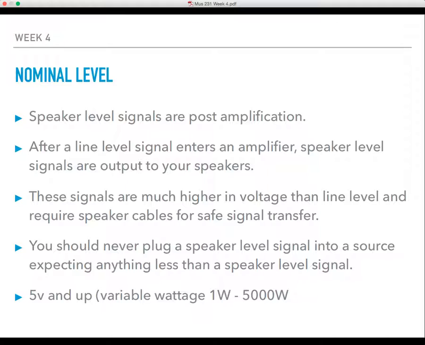But notice there's a couple other definitions. If I say turn it up to nominal level, a lot of times you're looking at the meters running from the green into the yellow, but making sure they don't clip into the red. But when I talk about nominal level on a mixer, the nominal level on a mix console itself, in reference to the fader point, is actually known as 0 dB.